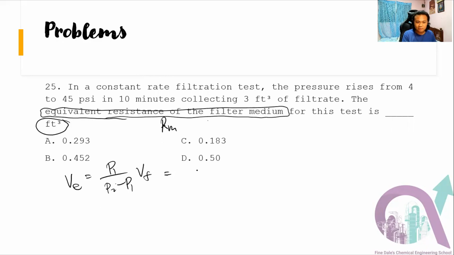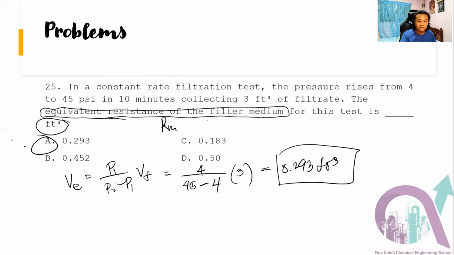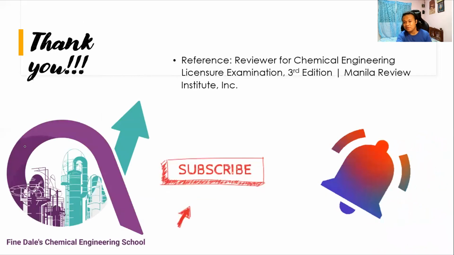So this is 45, this is 4 psi, right? 4 psi is P1, and then P2 is 45 psi minus 4, and then you have 3 minutes of that. Then we'll have 3 feet of filtrate. So just solve this, and then we'll have 0.293 cubic feet or cubic foot. So that's it. That's the end of this video, no?